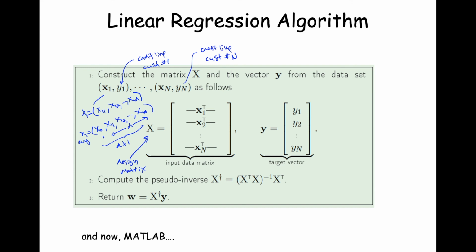And so the goal then is we compute the pseudo-inverse, and this gives us an expression for W, which is just the pseudo-inverse of your design matrix, times Y, which is the column vector of target labels, and these are all real values. So each one of these is going to be an element of the set of real numbers.